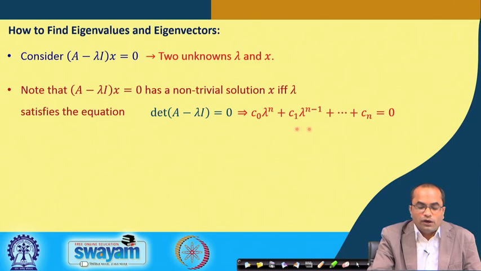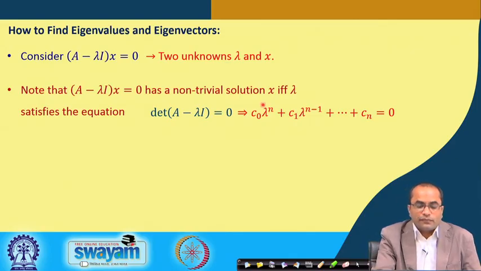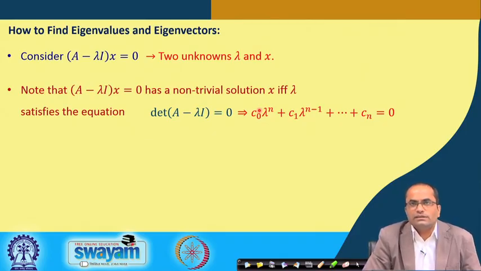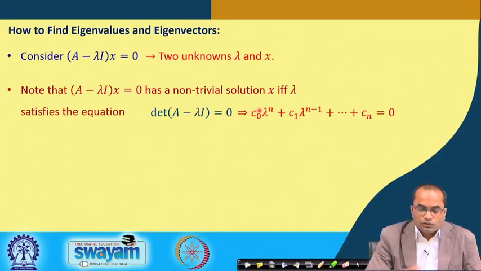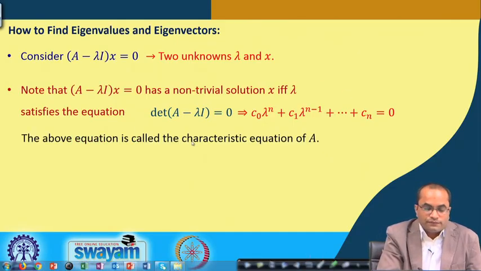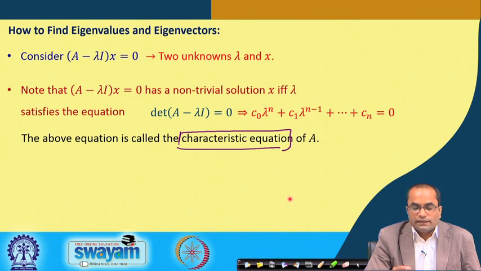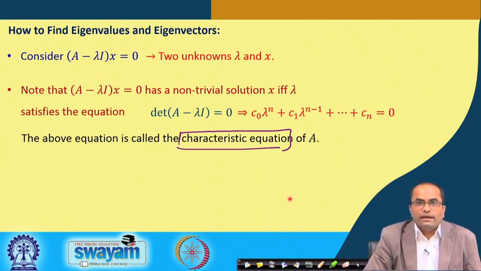If we solve this equation, we will get at most n roots, that is, n values of lambda. They may be distinct or not distinct, real or not real. Whatever they are, this equation is called the characteristic equation of the matrix A, and after solving it we can get the possible lambdas.